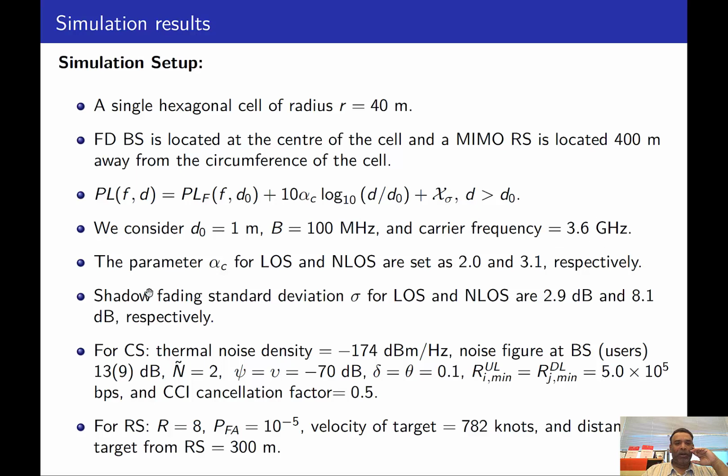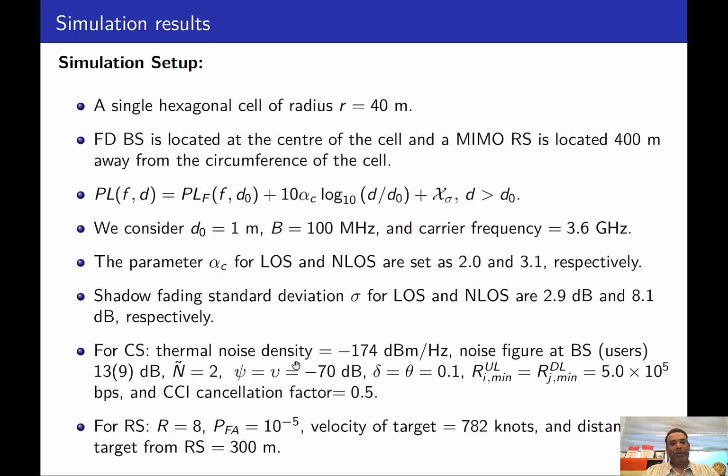You may recall the path loss parameter alpha for line of sight and non-line of sight is given by 2.0 and 3.1 respectively. Shadow fading standard deviation is 2.9 dB and 8.1 dB for line of sight and non-line of sight.